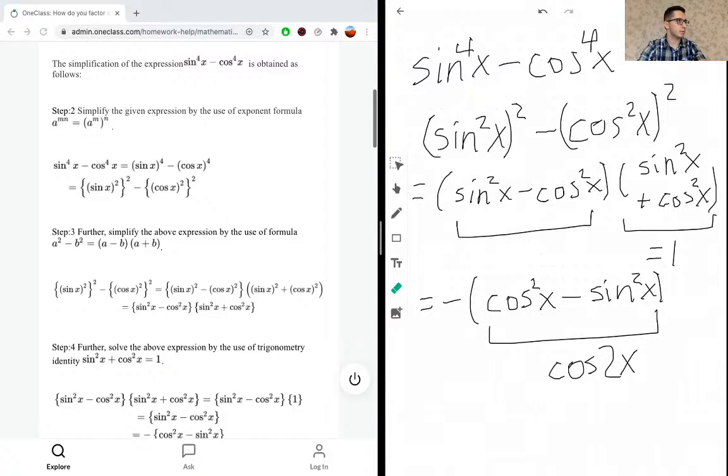Usually you have a trig identities table that is useful for remembering all the trig identities. Let me pull one up right here so you can take a look. Just give me a second here.